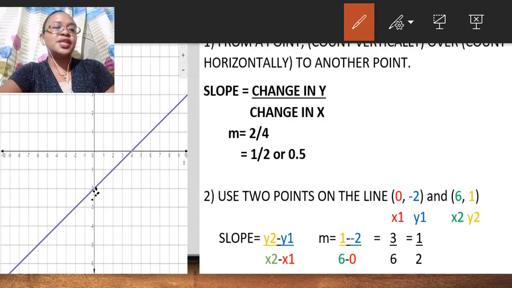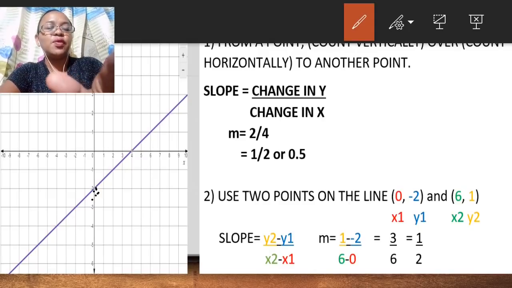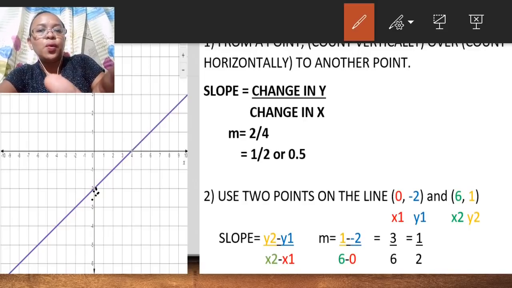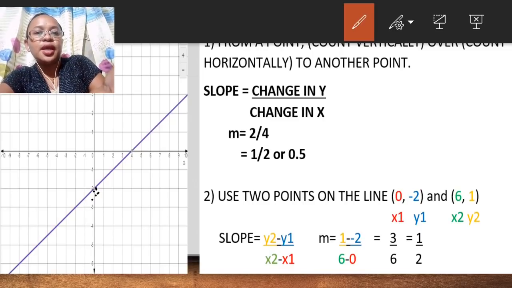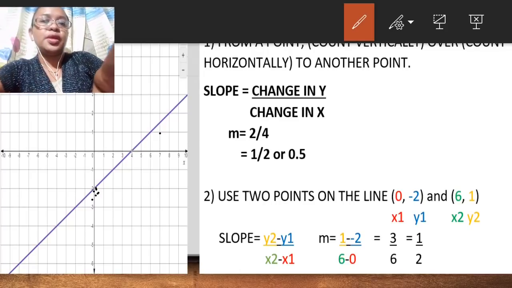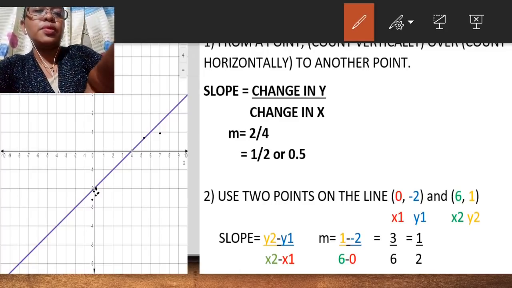And then you have 6, positive 1. Where is that 6, positive 1? Okay, can you see where is that 6 and then positive 1? This is the 6 here, and then the positive 1, where is that one? Okay, this one.